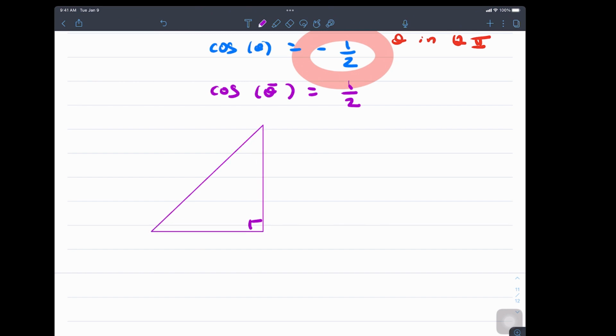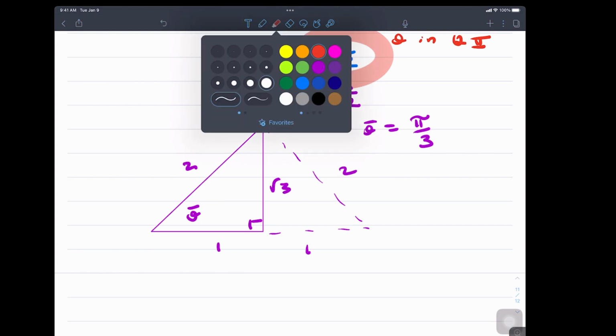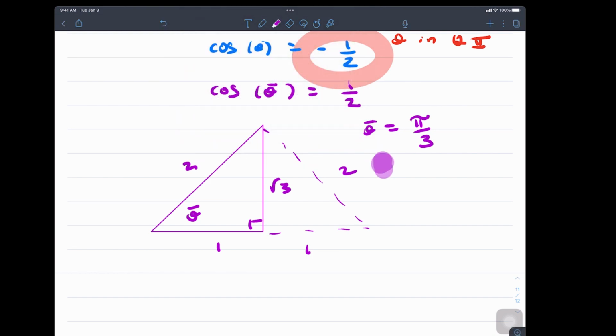Okay? So you go, oh, here it is. Definition of cosine is adjacent over hypotenuse. Oh, yeah, this is again the 30, 60, 90 situation. That's the square root of 3. So yeah, theta is 60 degrees or pi over 3. Now this is the quadrant 1. This is the reference angle, okay?